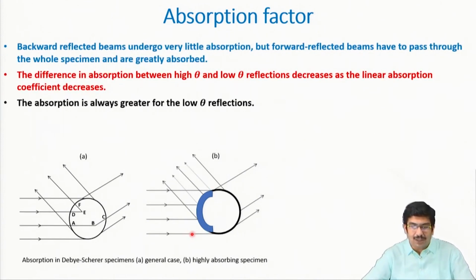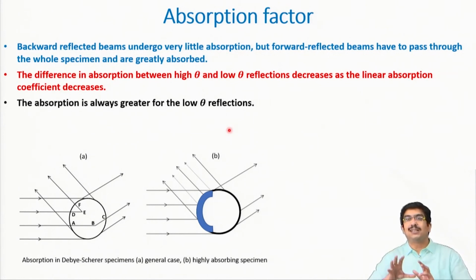Okay. So overall, what we understand is, as written here, for the back scattered high 2 theta peaks, the absorption factor is much lower compared to low 2 theta values. This difference between high and low 2 theta reflections of course decreases as the linear absorption coefficient decreases.